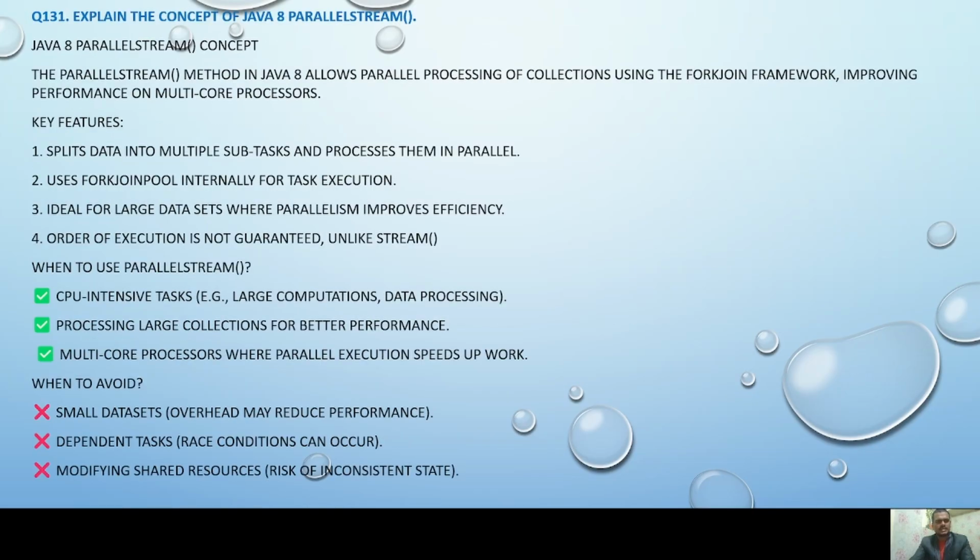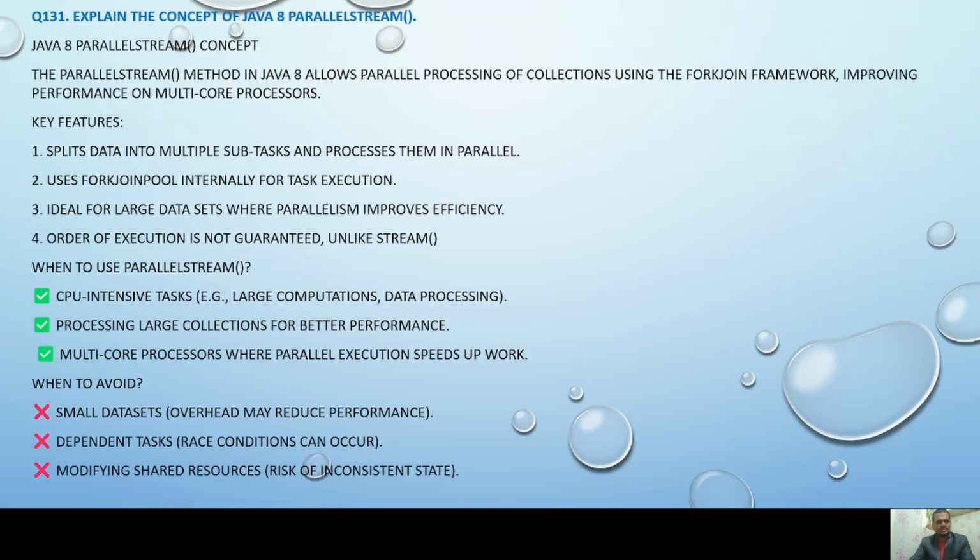Next question. Explain the concept of Java 8 parallel stream. The parallelStream method in Java 8 allows parallel processing of collections using the Fork/Join framework, improving performance on multi-core processors.